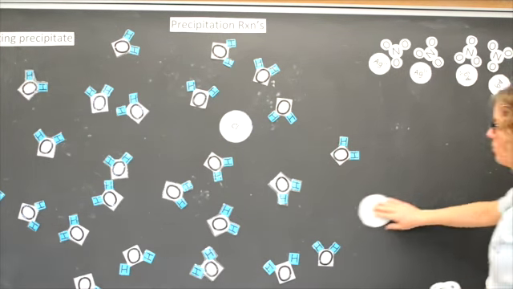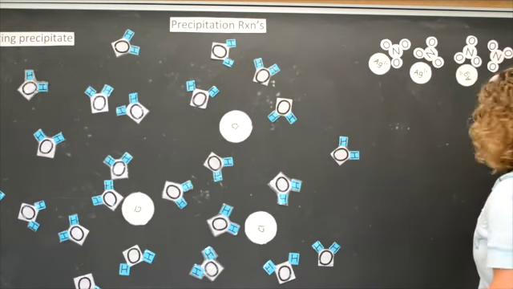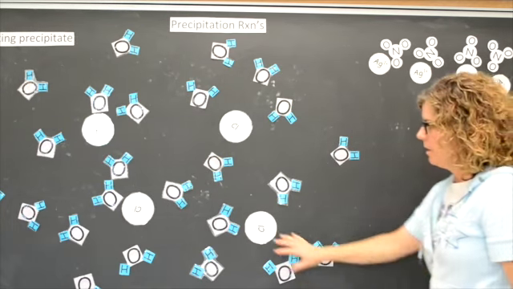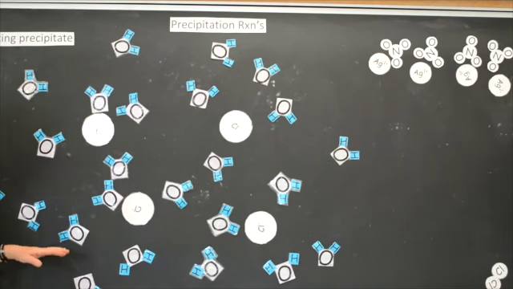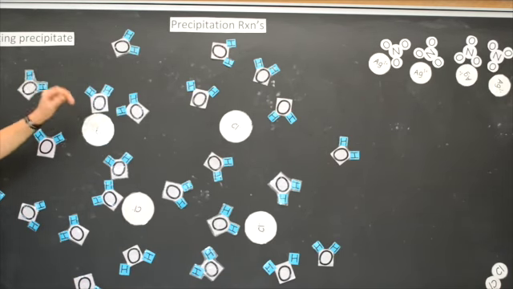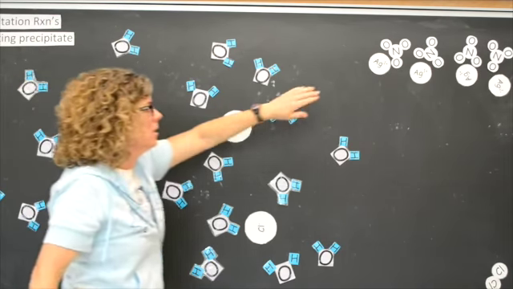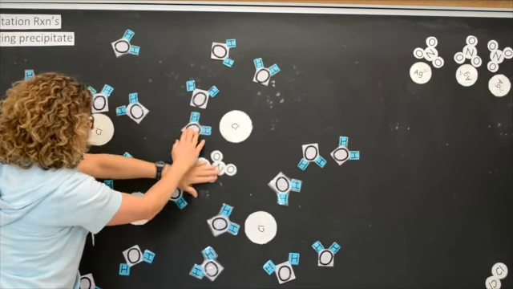So we've got some chlorine ions dissolved in our water, and of course that helps in making our drinking water safe. Now I'm going to add the silver nitrate to our solution.